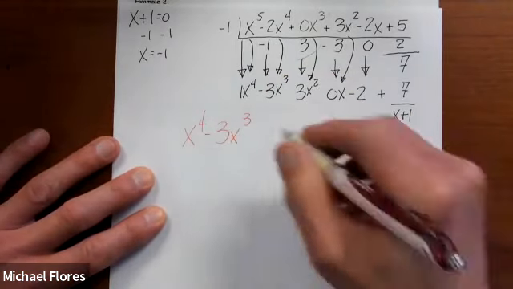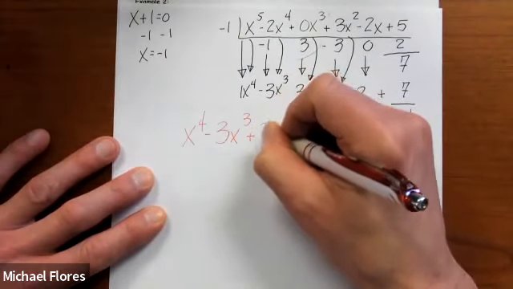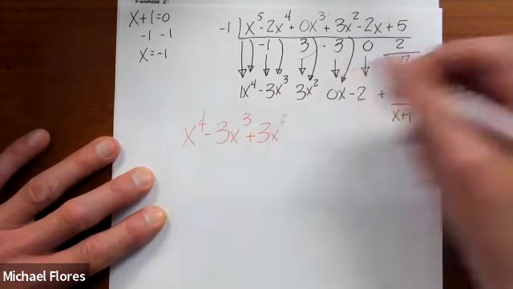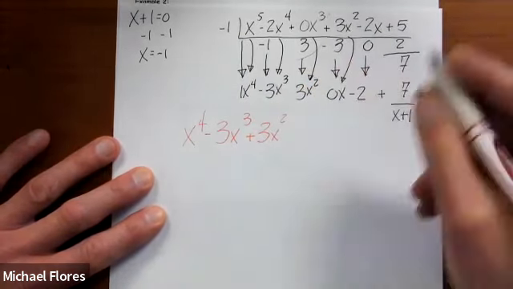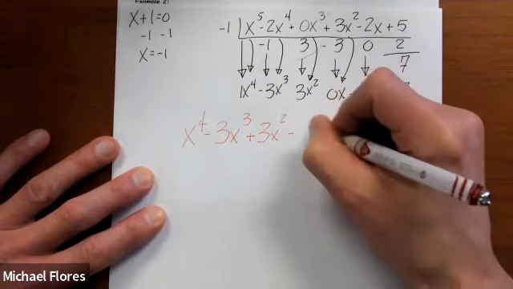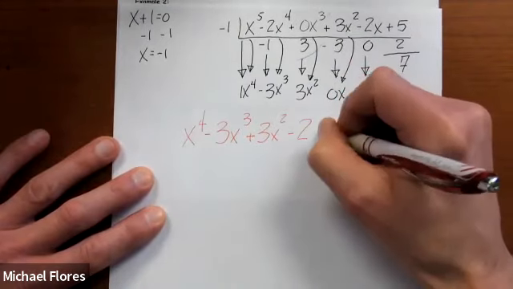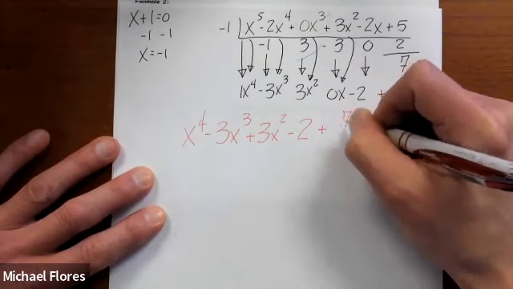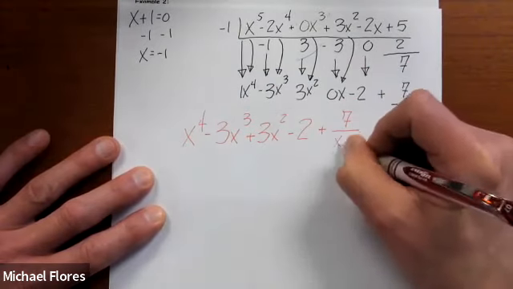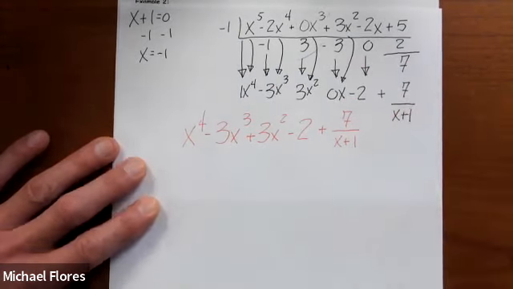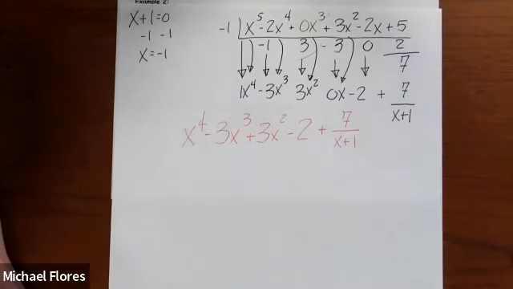That's a positive 3x squared, so plus 3x squared. 0x, don't need it. Minus 2, and then plus a remainder. Boop. That's your answer.